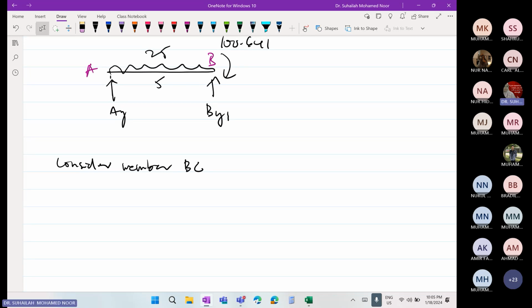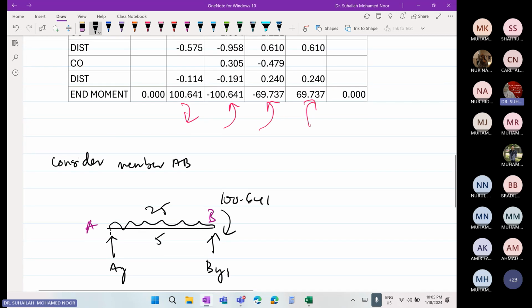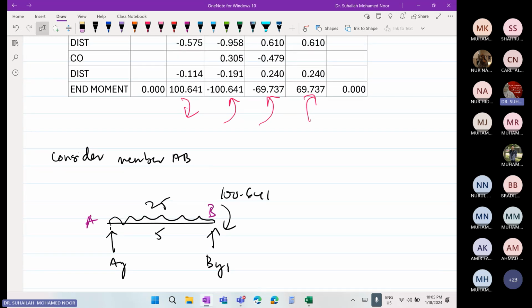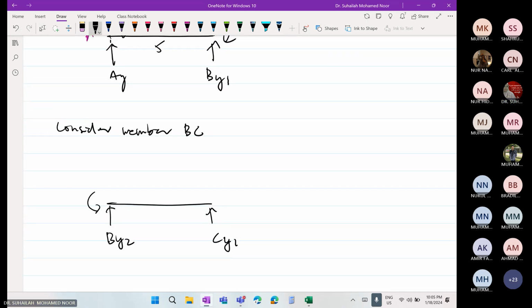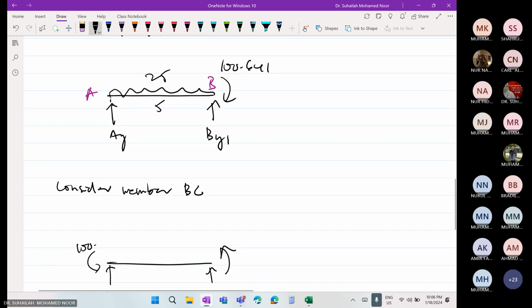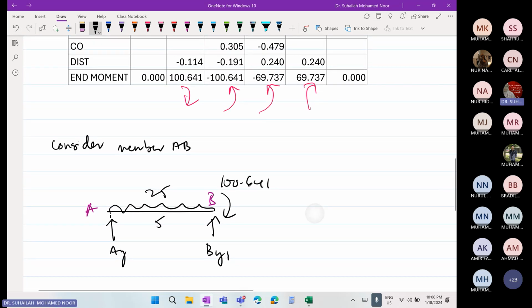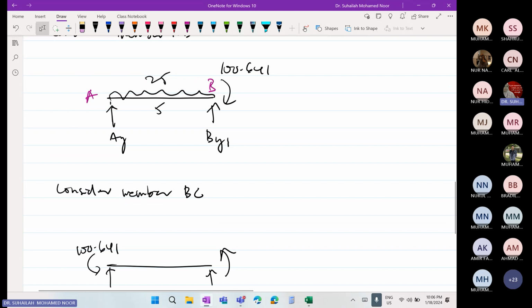Consider member BC. So we draw member BC. For the shear forces, it has BY2 and CY1. The moment is negative and negative, 100.641 and 69.737.